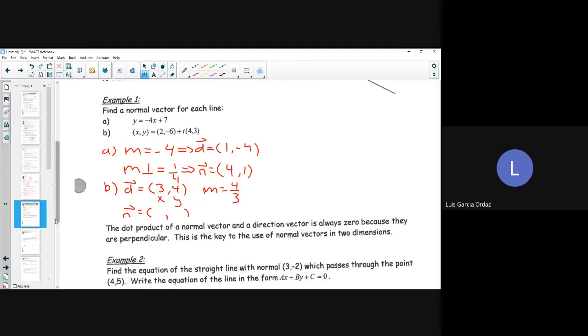It is going to be negative 3 over 4, sorry.